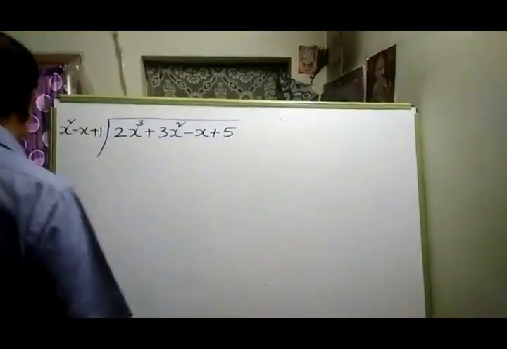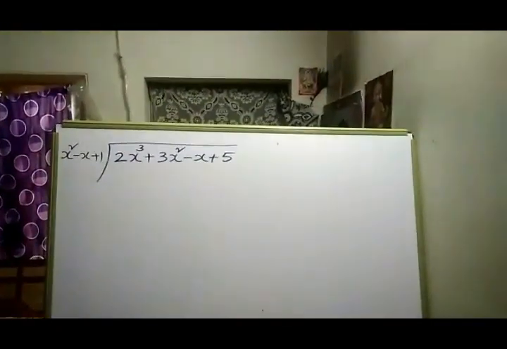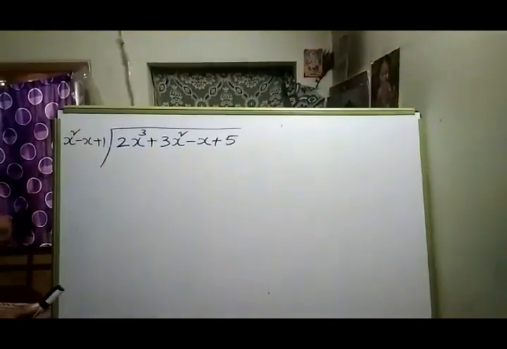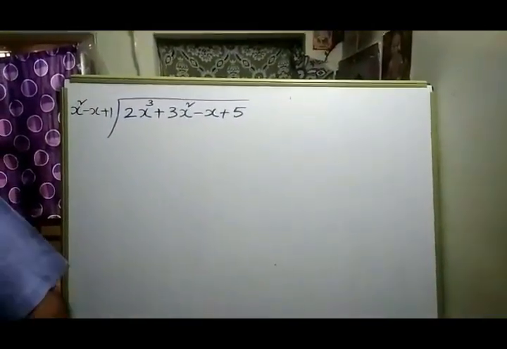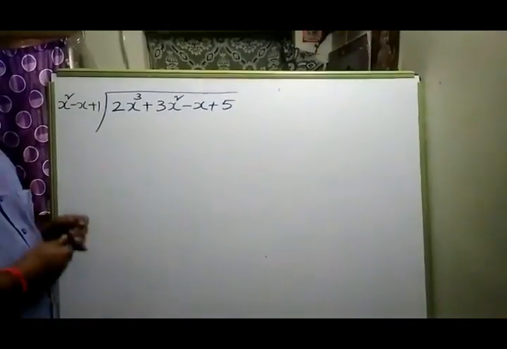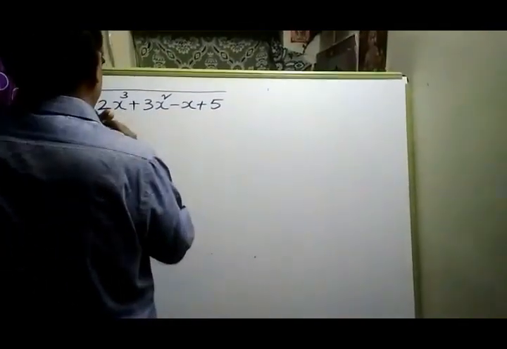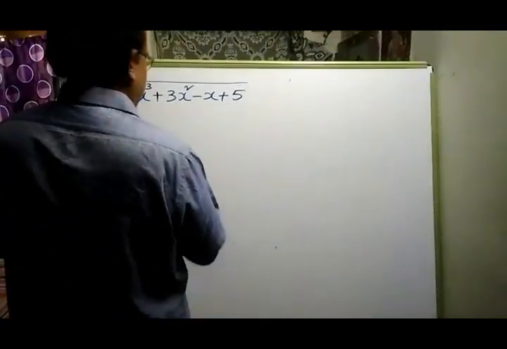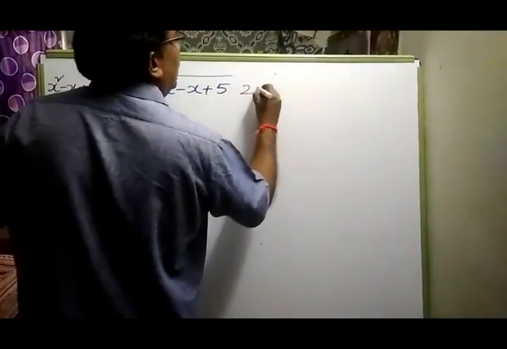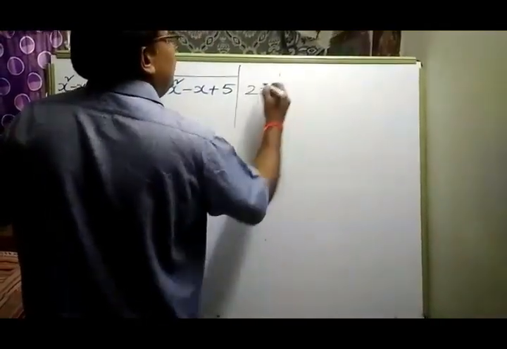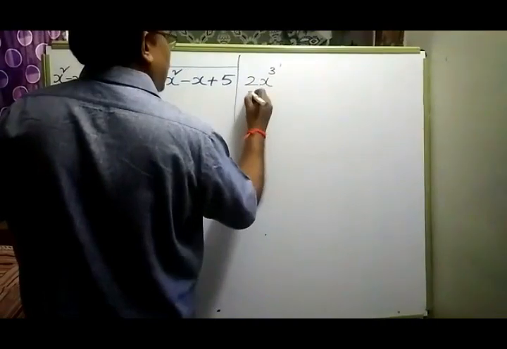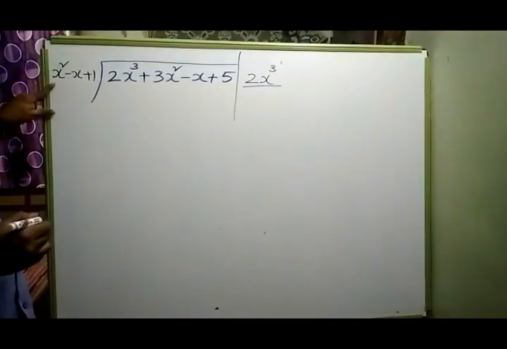Now we are going for the long division method. The first term of the dividend is 2x cubed. And what is the first term of the divisor?